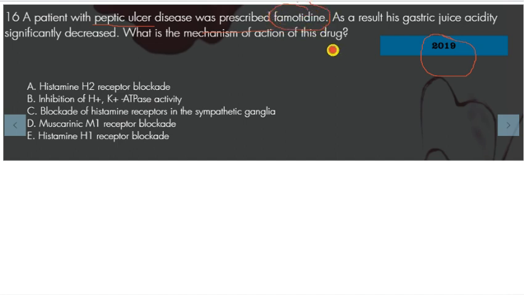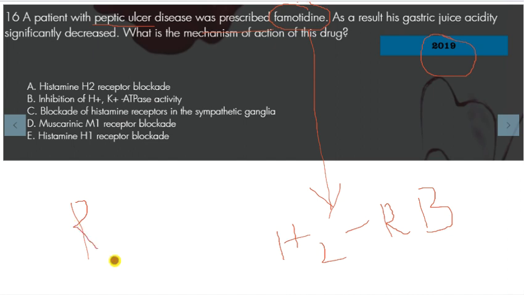Famotidine is an H2 receptor blocker. Famotidine, ranitidine, then cimetidine, we need to remember these drugs. As a result, his gastric juice acidity significantly decreases.